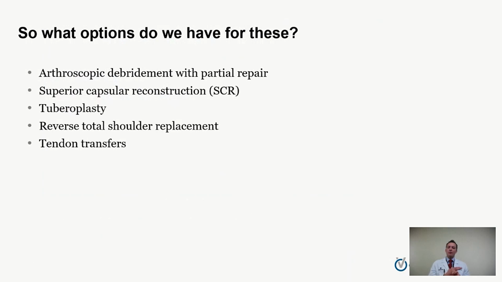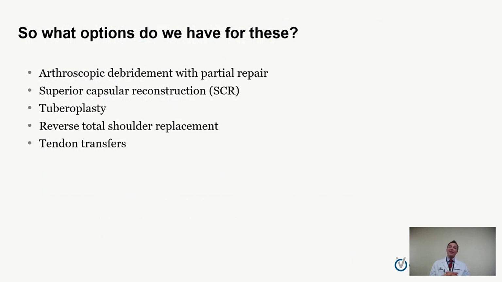Reverse shoulder replacement came on the market about 20 years ago in the US, about 30 years ago in Europe, and they were developed for patients who had really poor functioning rotator cuff pathology. And they've worked really, really well. And they continue to be one of the biggest and most powerful tools the shoulder surgeon has in his or her armamentarium for restoring patient function.